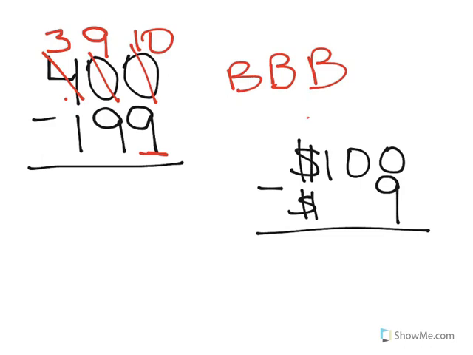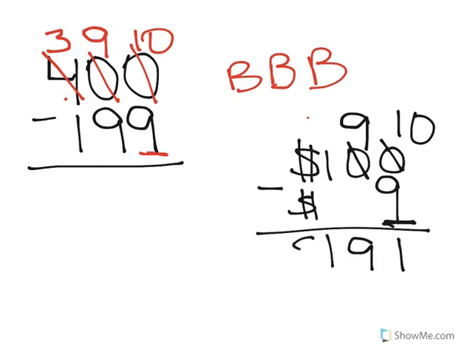Obviously we know that we can't take 9 from 0. So of course we borrow, reduce, carry. Well, if we just leave it at that, 10 minus 9 is 1, 9 minus 0 is 9, and we bring down our 1, that doesn't even make sense.